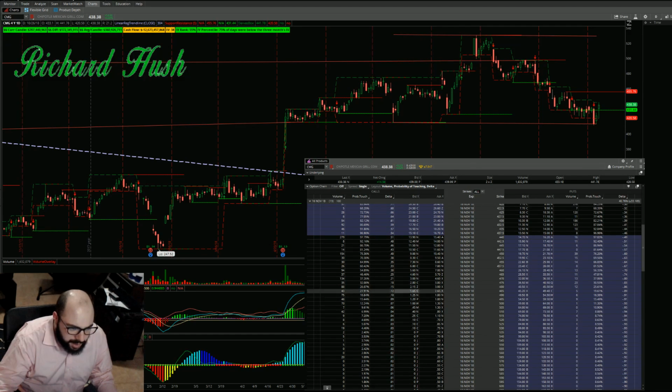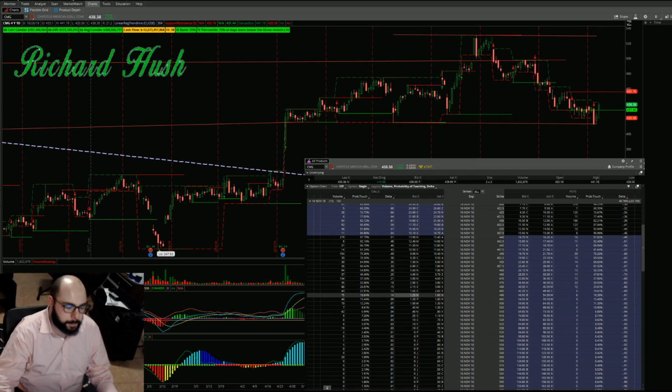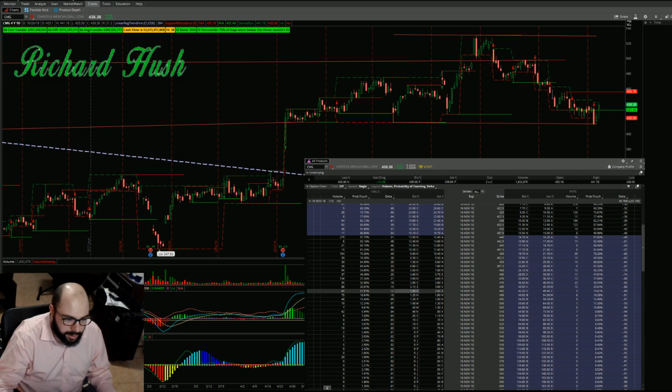However, we also see some volume that came in on the out of the money calls. Okay, for instance, we see here 470s, 134 traded at $3, and those are at delta 21. Okay, they have a 21% chance, essentially, of going in the money.